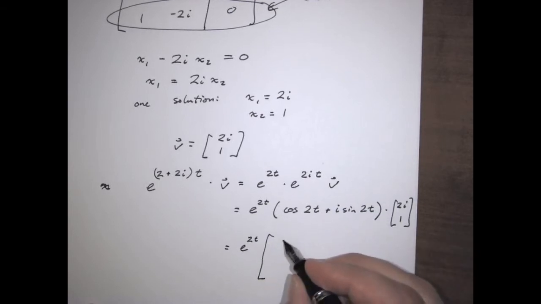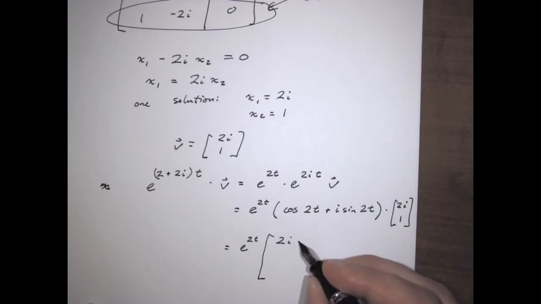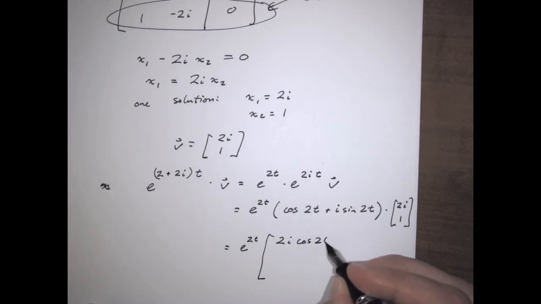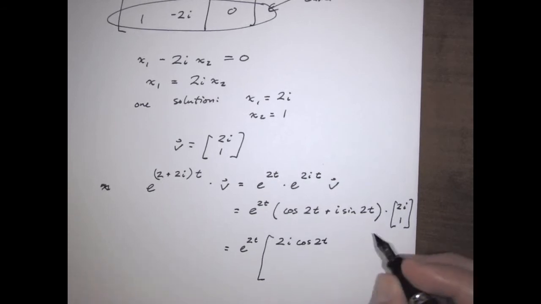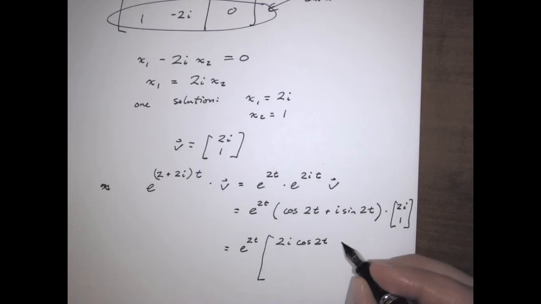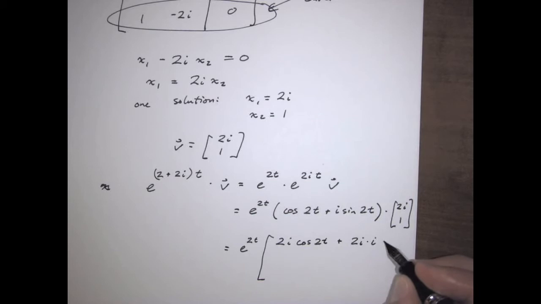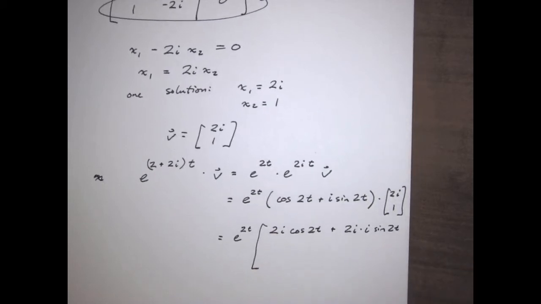But then here what we're going to have is 2i cosine 2t, so I'm just putting it in a more usual order, and then plus 2i times i sine 2t. Downstairs we're going to have 1 times cosine 2t, and then plus just 1 times i sine 2t.